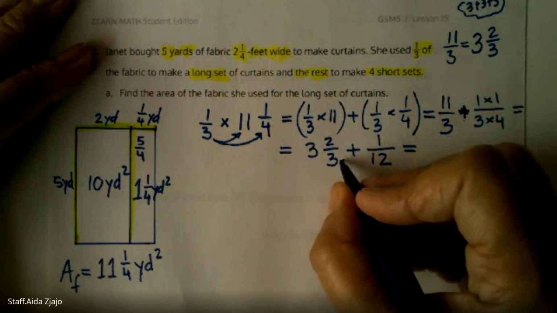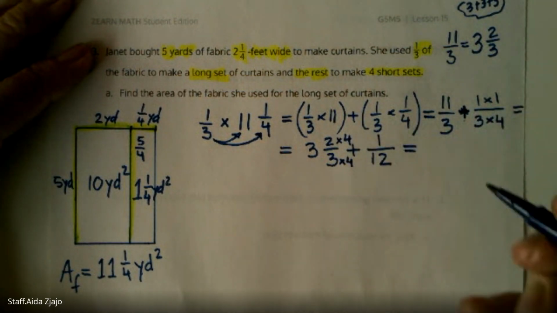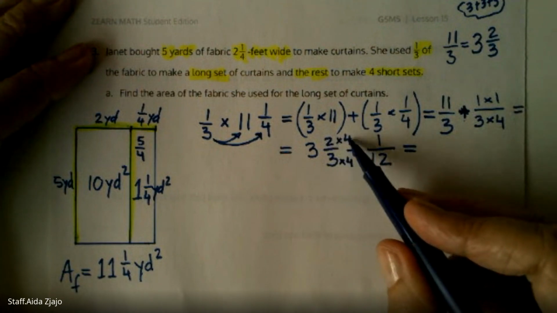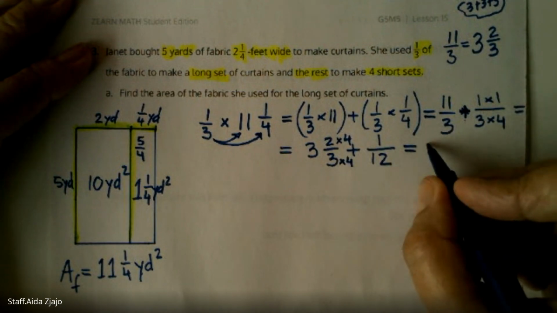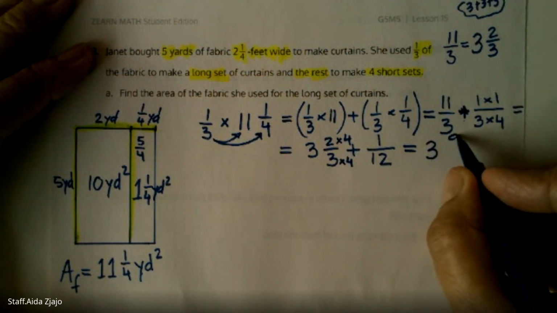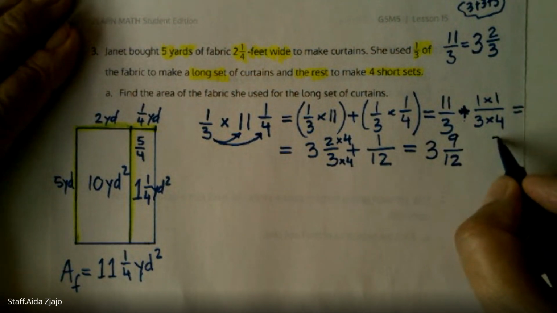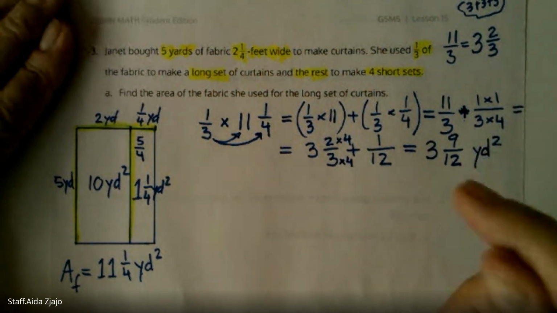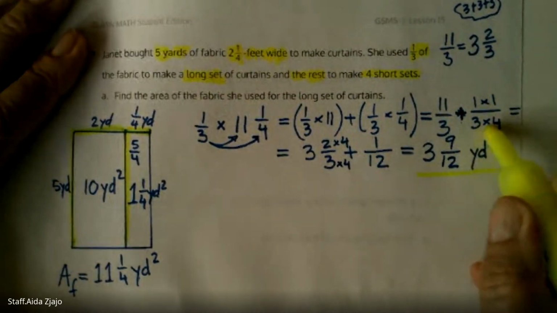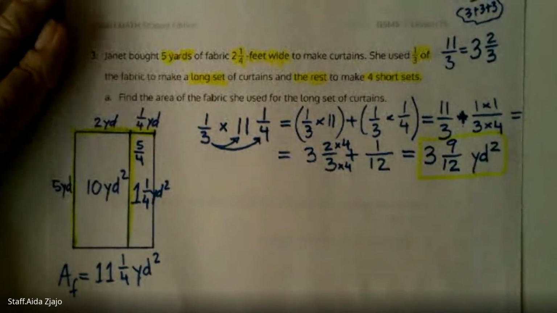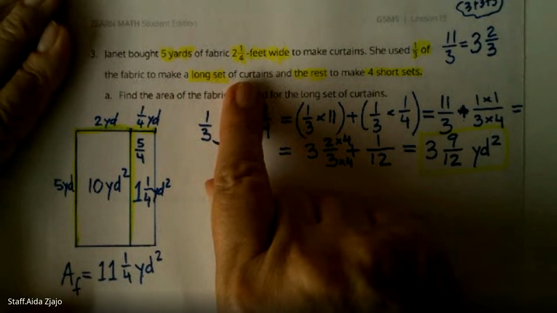Adding now, changing the thirds into twelfths to be able to add. This 2/3 is the same as 8/12, and one more 12th is 9/12. So the final answer is 3 wholes and 9/12, and the units are square yards. So she uses 3 whole square yards and 9/12 of the next yard to make one long set of curtains.